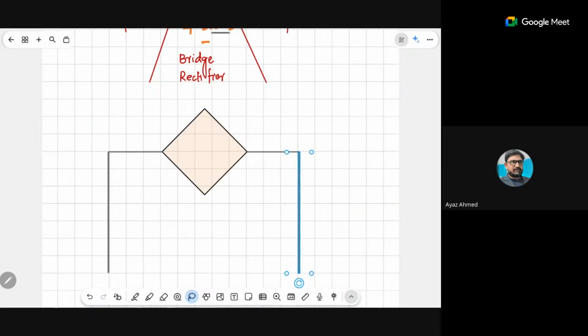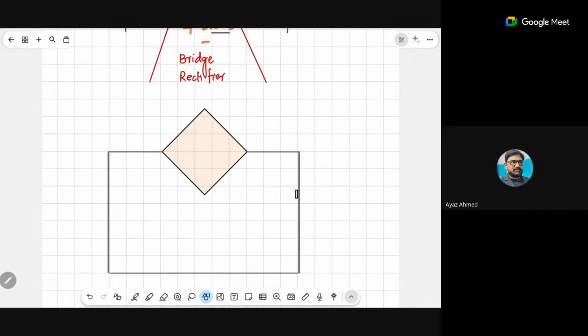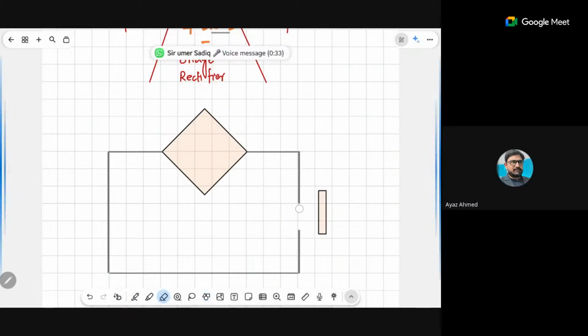There will be a load resistor here, connected to this. This is one complete cycle, and here I will connect a load resistor for you. For this load resistor, we get some output cycle here.